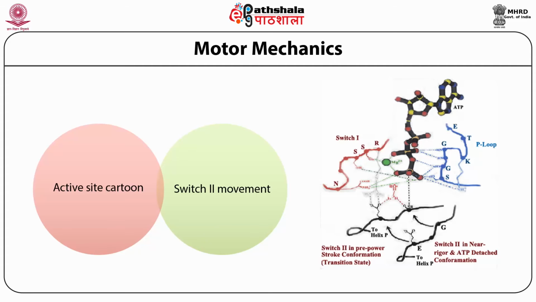But once the ATP is hydrolyzed, ADP-Pi is formed, and the phosphate moves away from ADP and interacts with switch 2, which causes the switch to move closer. And these small changes cause the converter movement and large structural changes in the lever arm, which we have seen in the previous slide.